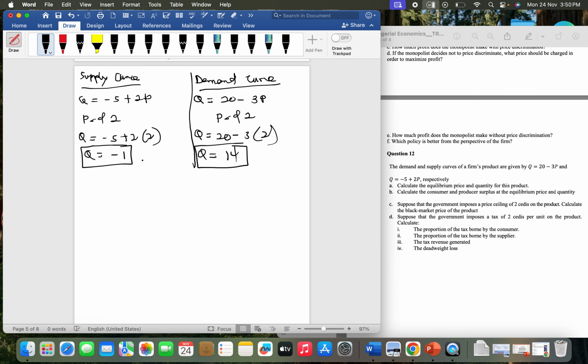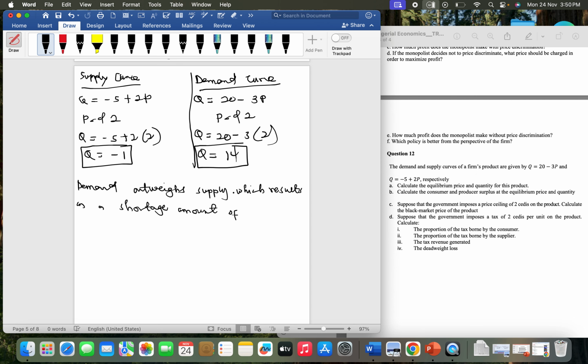You could see that demand is greater than supply.